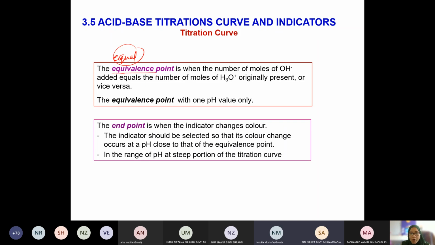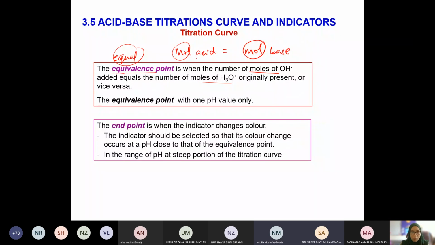Okay, so it's a point when the number of mole of OH minus added equals to the number of mole of H3O plus originally present, or vice versa. Okay, all right, so equivalent point is a point when the mole of acid is the same as the mole of base. We are talking about mole, okay guys? We are not talking about concentration, we are talking about mole.